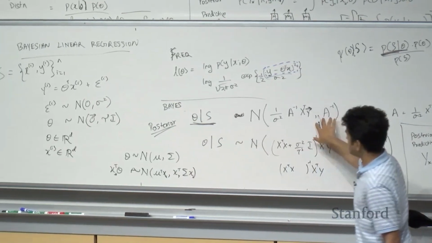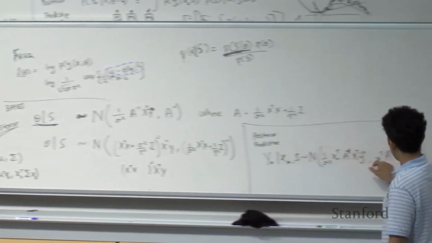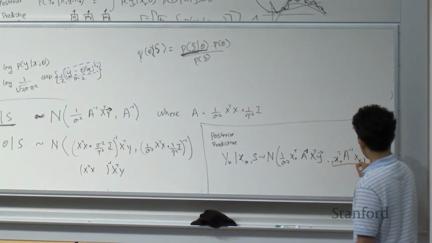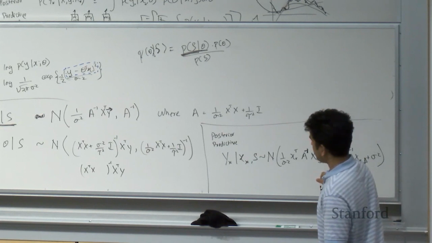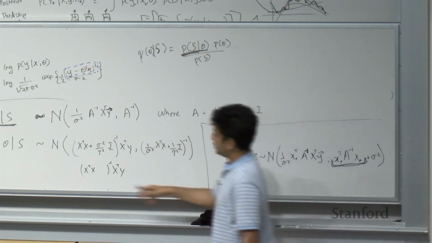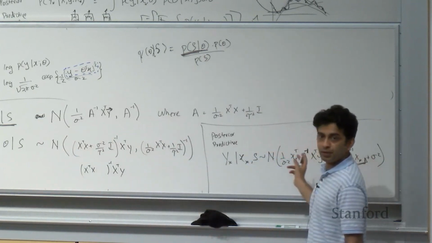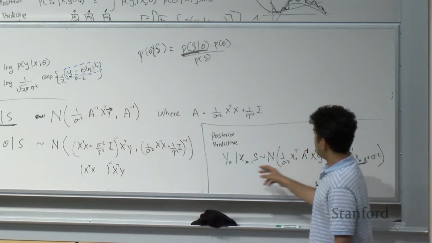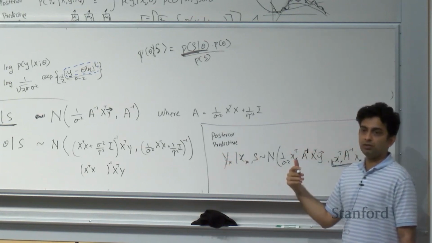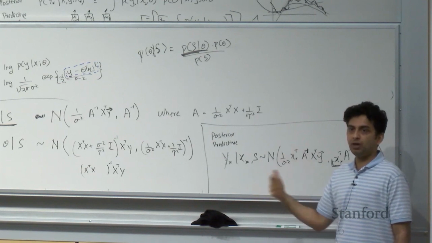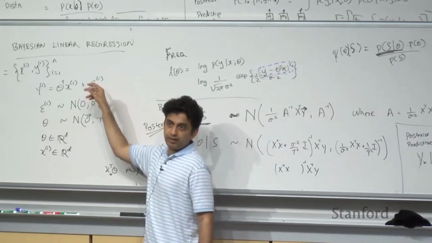Basically take A inverse and calculate the quadratic form with x star, just like this, and then we add this extra sigma square, because this is the posterior predictive distribution of y star, because the y value that you might observe will have the same noise embedded in it in the test example as well.